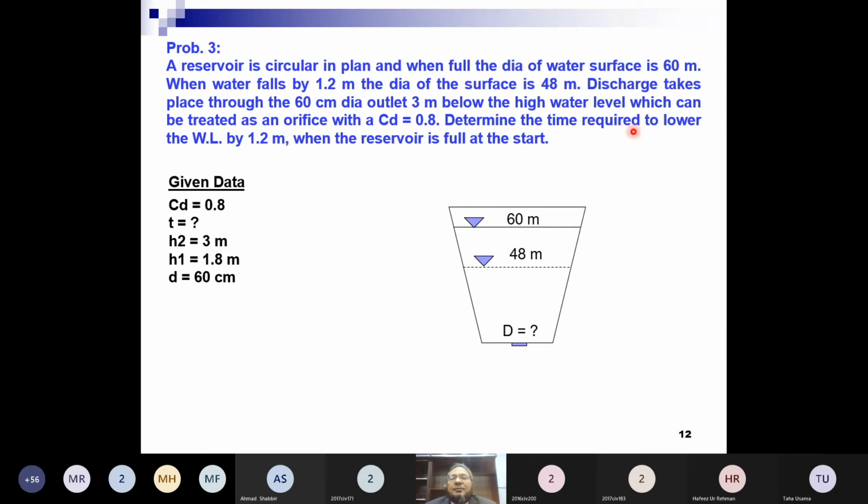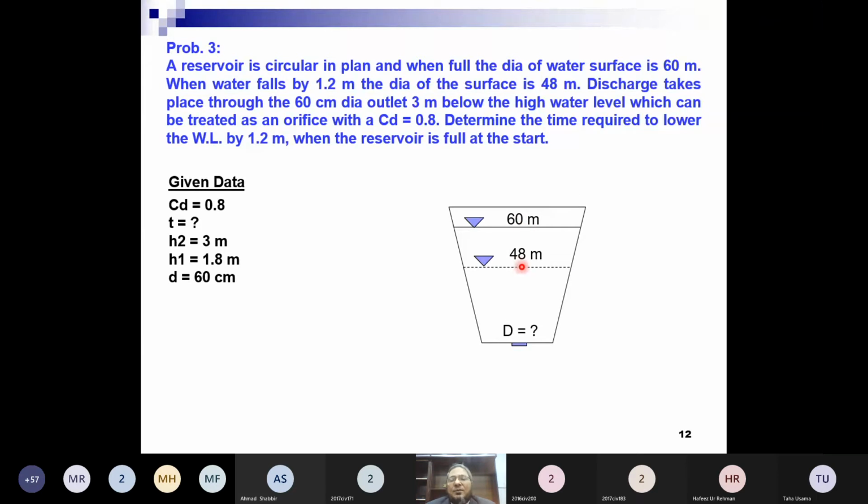Now determine the time required to lower the water level by 1.2 meter. So how much time would be required when this level of water in the reservoir drops from this level to this level? Okay.